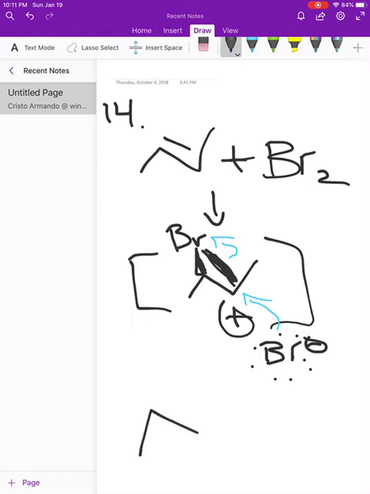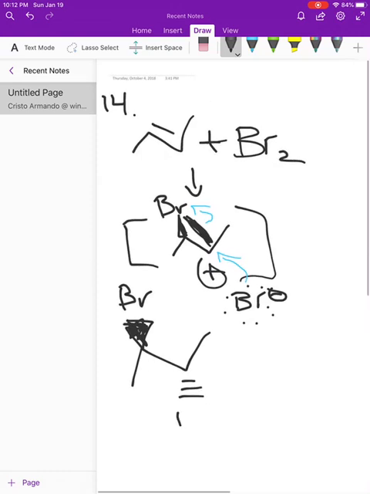And so we end up with this molecule. Right? But we're also going to end up with this molecule.